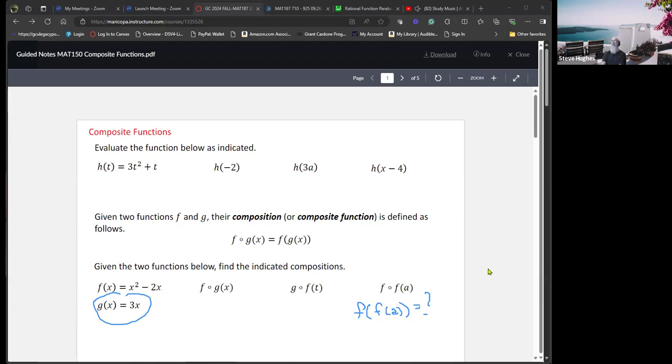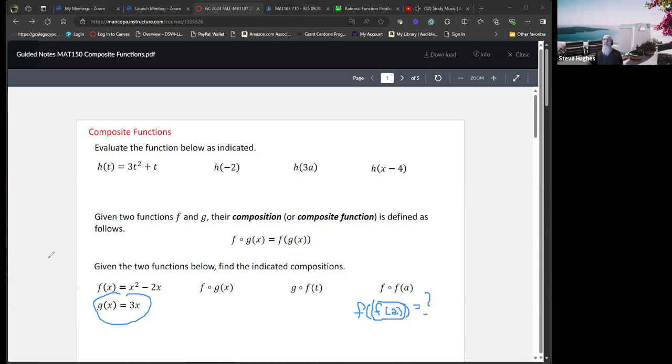All right, so the first thing you guys are going to want to find, looks like we have one so far that's done. Good job. The first thing you want to find is what is f of a, right? Because I want to find the function right here in the middle. What is f of a?